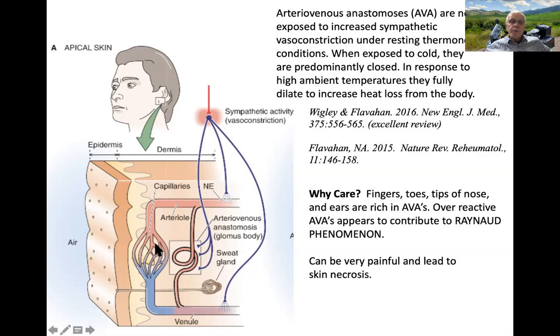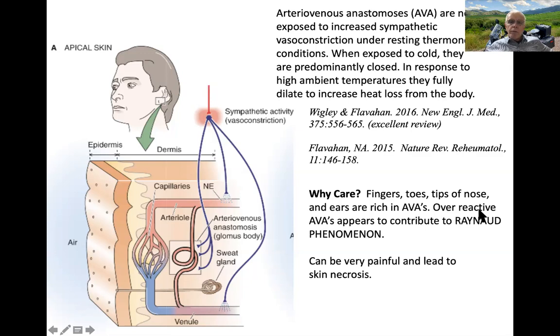The reason for asking you why we should care about this is that specific areas of our bodies, like fingers, toes, tips of the nose, earlobes, even nipples, are rich in arteriovenous anastomoses.